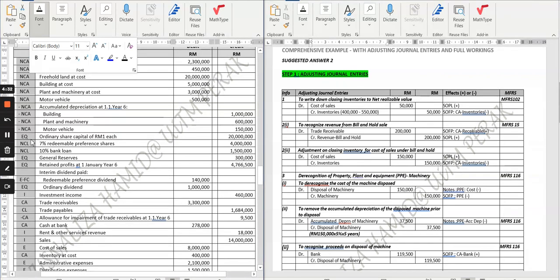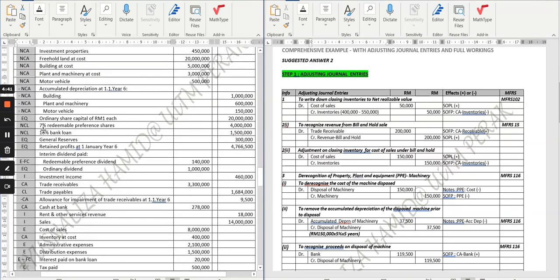Then you have your equity, the ordinary share capital. This one is showing the fair value of the shares as at the date here. And then you have the 7% redeemable preference shares. This is not an equity. This is a liability. More specifically, that is a non-current liability. So that shouldn't be included in the statement of changes in equity.